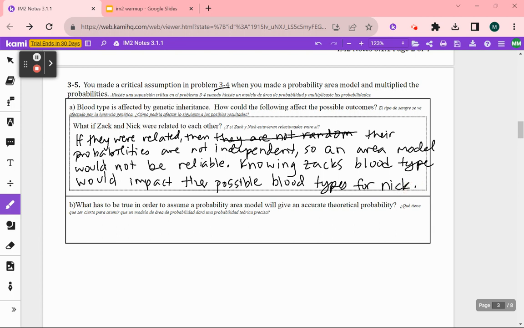We said that area models had to be between independent events, so that would be a big problem. In order for a probability area model to give accurate theoretical probabilities, the outcomes must be independent. Period.